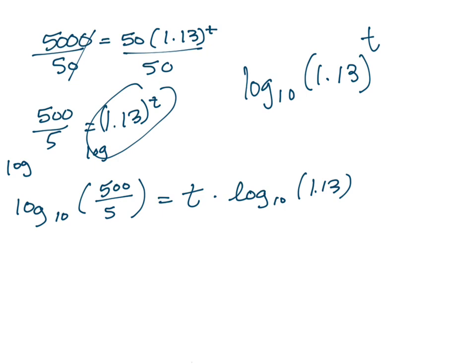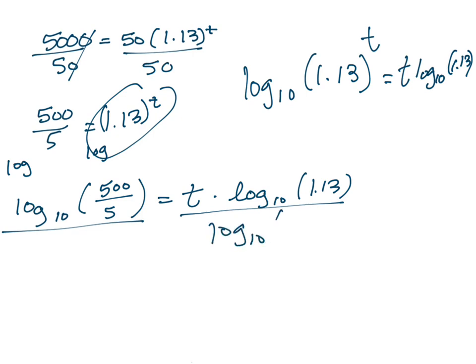The rule on logarithms is, when the argument is raised to a power, that's the same thing as writing the power in front as a coefficient. So now you're going to divide both sides by log base 10 of 1.13, and you get T.